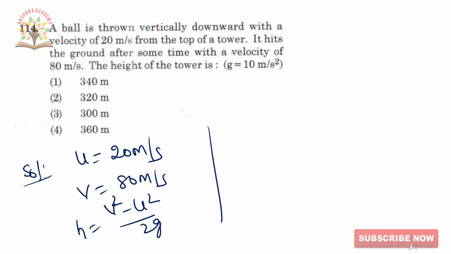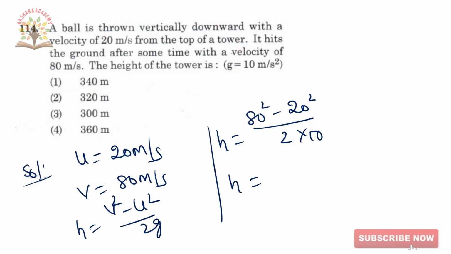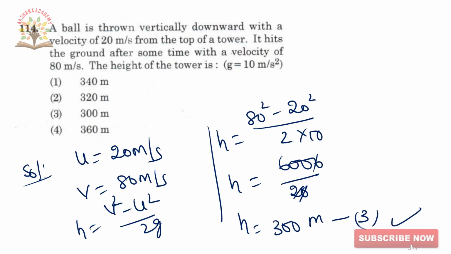Substituting values, 80 square minus 20 square by 2 into 10, the final answer is 6000 by 20. So 2 into 10, the zeros cancel. So h is equal to 300 meters. Option 3 is the correct answer. In this, which option is correct? Option 3 is correct.